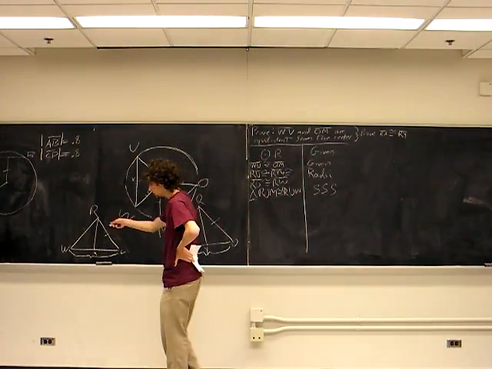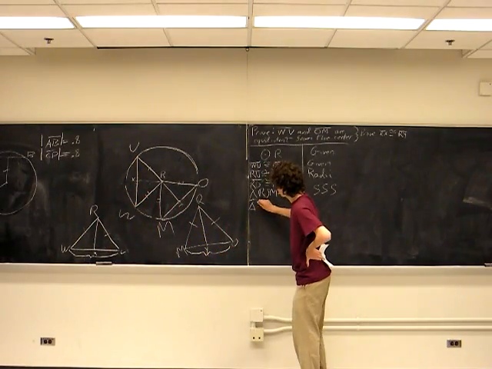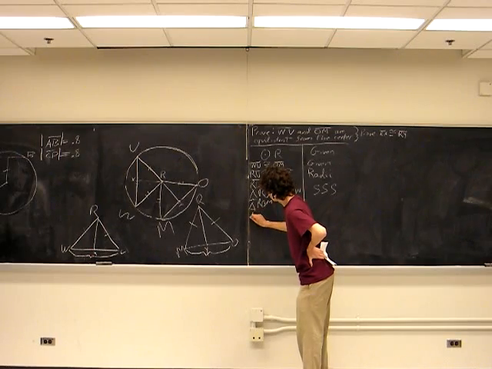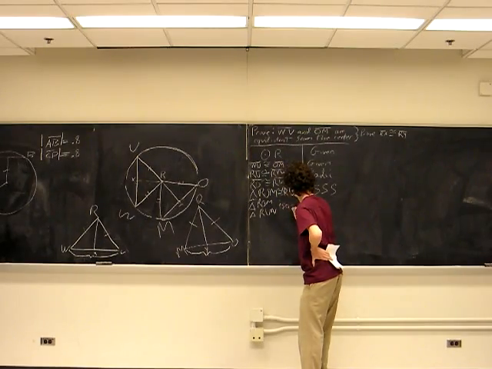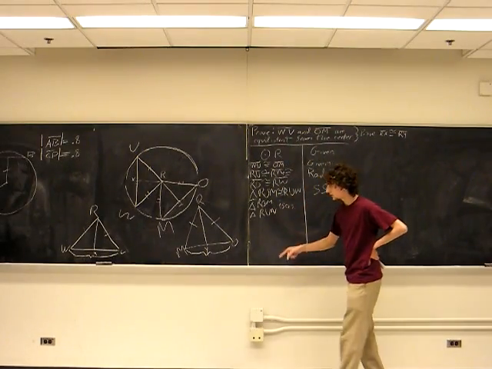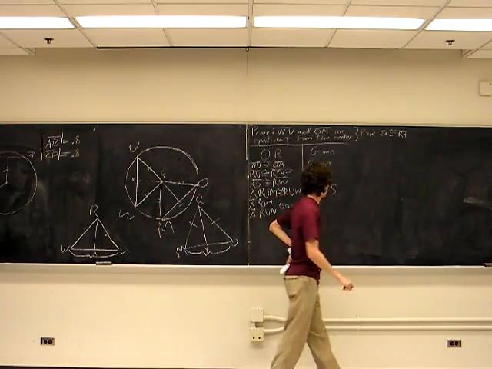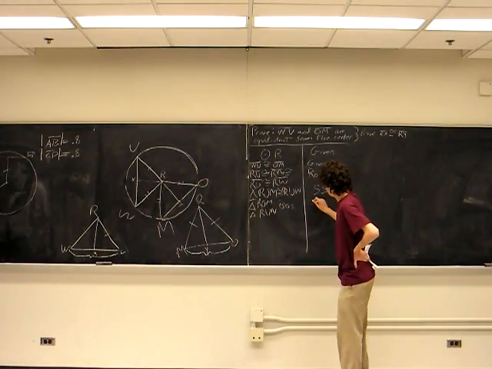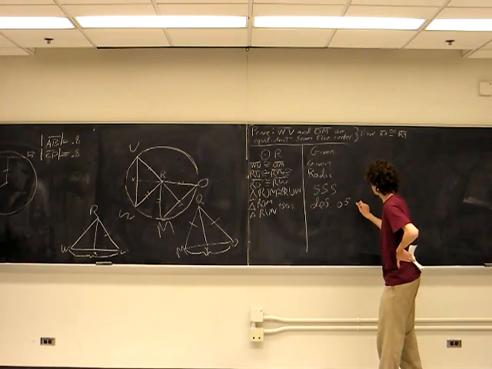We also know that they're isosceles triangles. Triangle ROM and triangle RUW are isosceles. Why? Well, by the properties of an isosceles triangle, the sides are the same, so they're isosceles triangles. Let's say definition of isosceles.